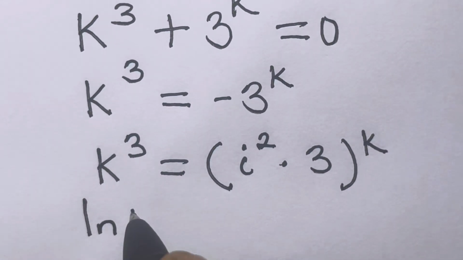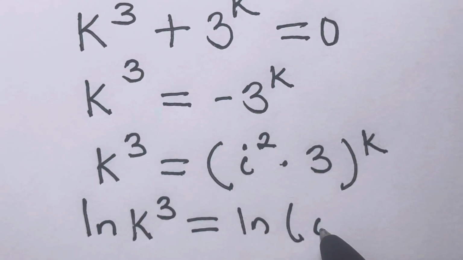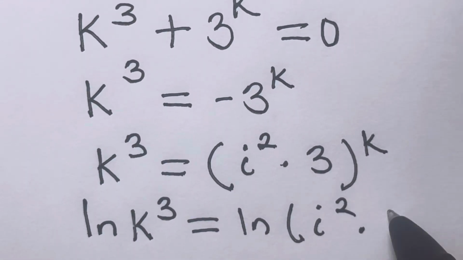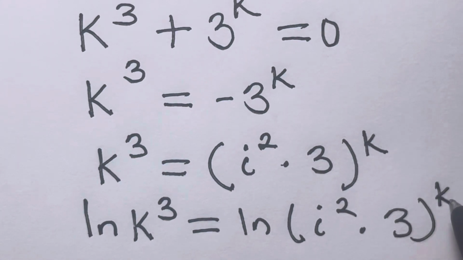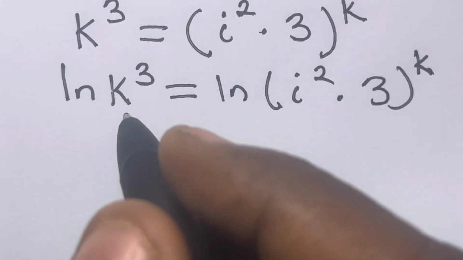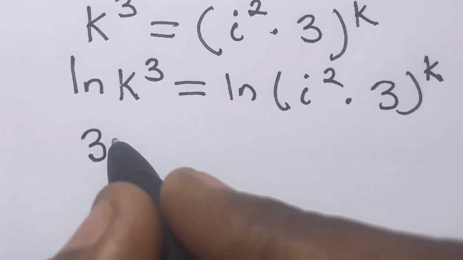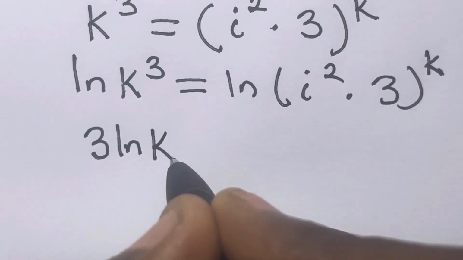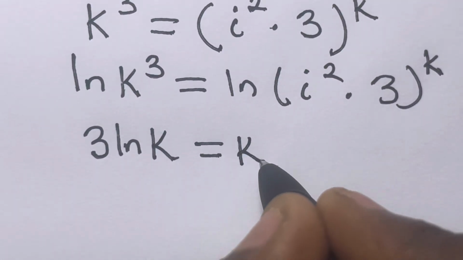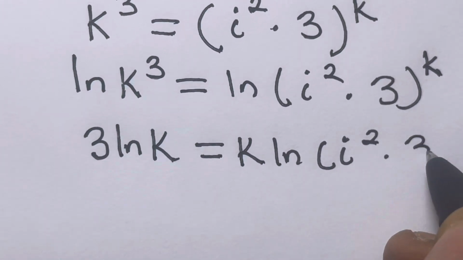So we have ln k raised to power 3 equals ln of minus 3 raised to power k. Applying the law of ln, we have 3 ln k equals k ln of minus 3.